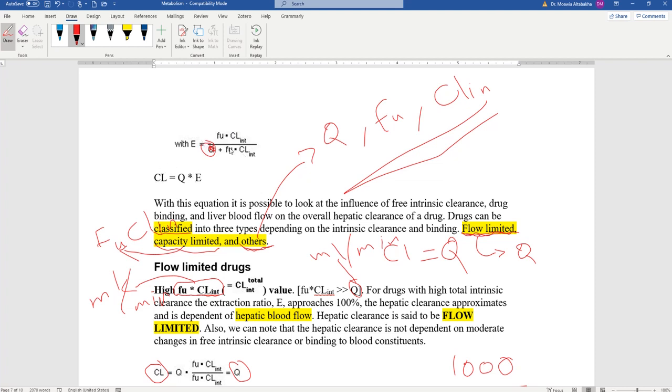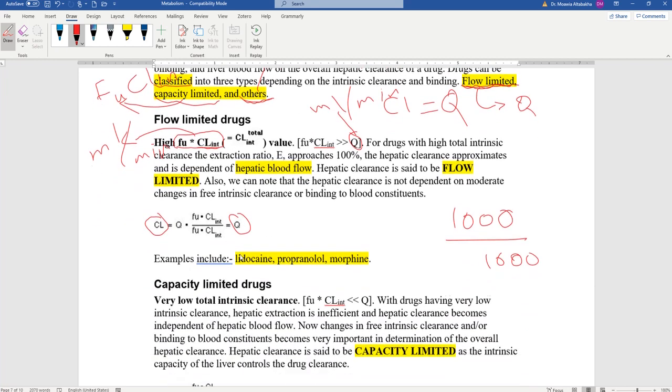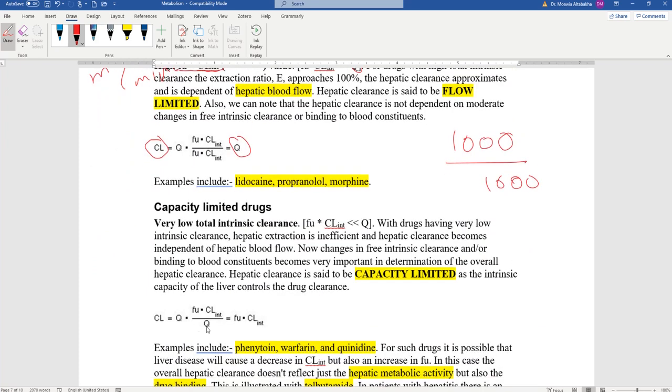But if you remove this one, it will not change the resulting value of the extraction ratio. That's why in capacity limited, it will be Q, the blood flow, multiplied by the extraction ratio. In the extraction ratio we have removed FU times intrinsic clearance because in this case it's much less than Q. So removing it will not affect the resulting clearance value a lot.